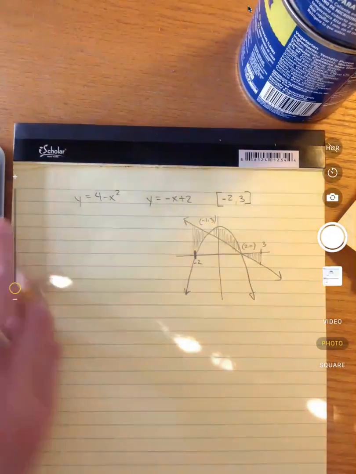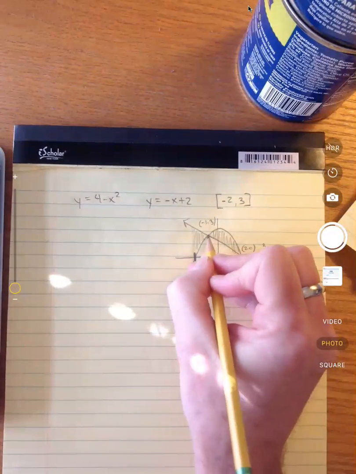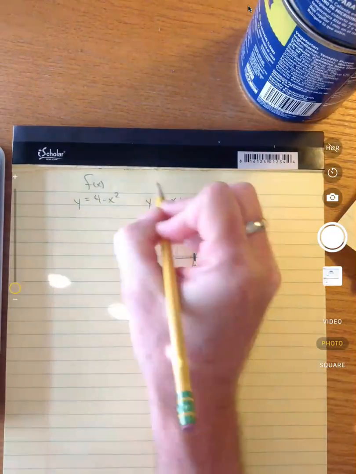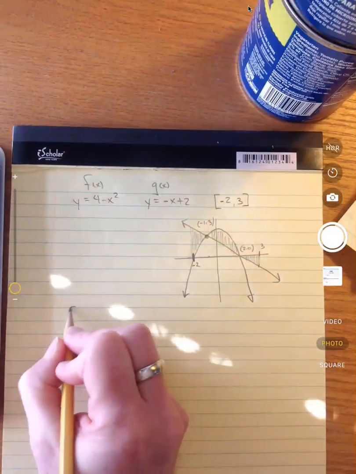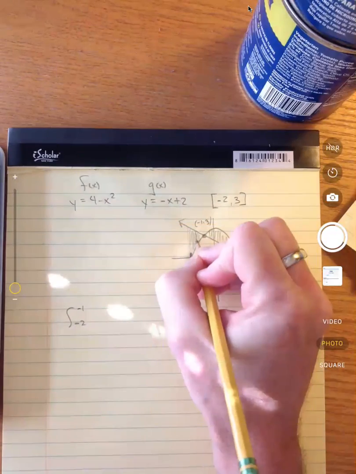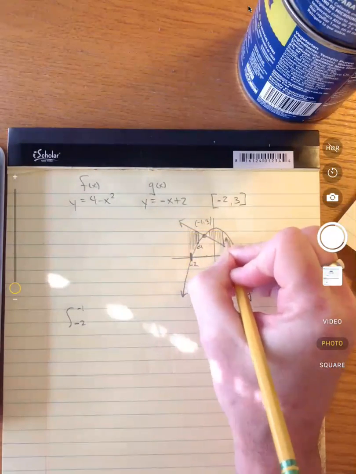Okay, so again, if I was doing this by hand, I'd have to first find this interval. I'll call the quadratic f, and I'll call the linear g. So my first interval goes from -2 to -1. Now let me get in the habit here. I am doing this in terms of x. I'm drawing these vertically.